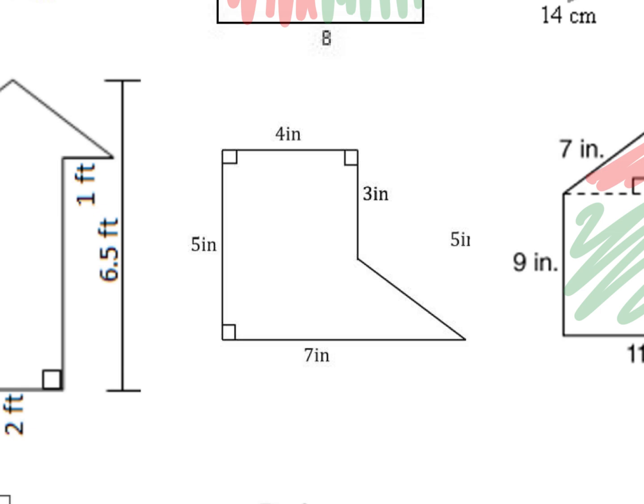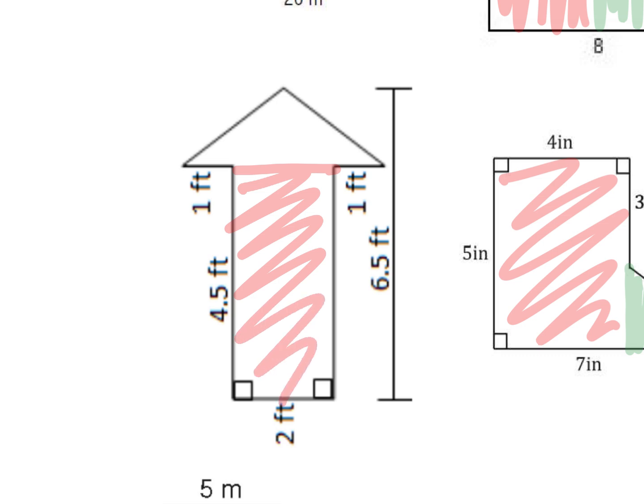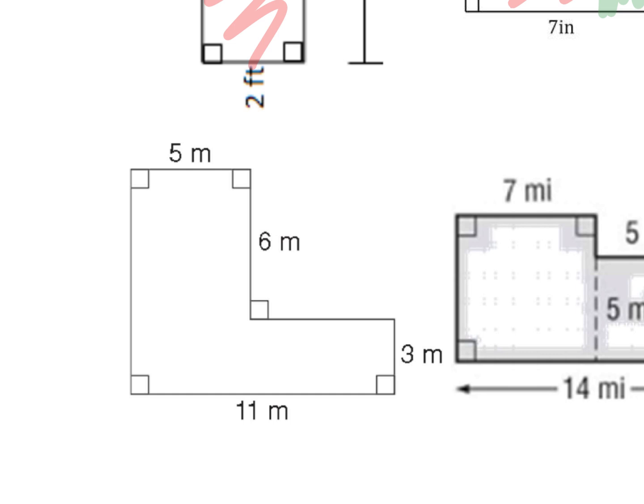Here you can do a couple different ways. You could split it here and make a trapezoid and a rectangle, or you can split it here and do a triangle and a rectangle. The arrow will make a rectangle and a triangle. And then this one, we can do two rectangles.